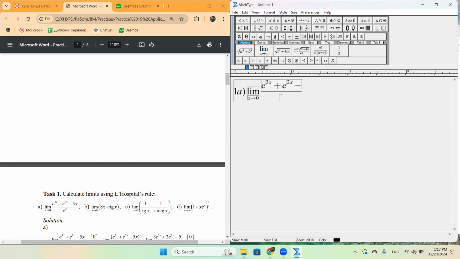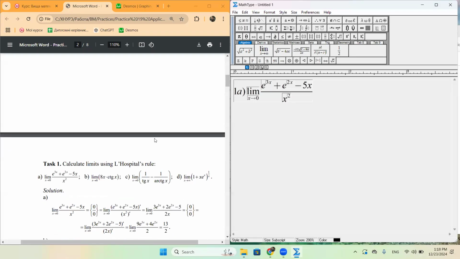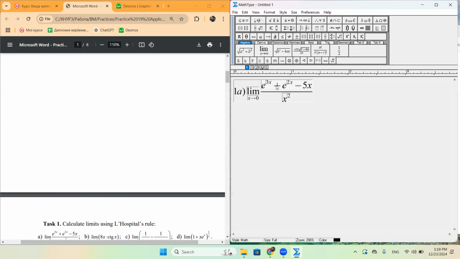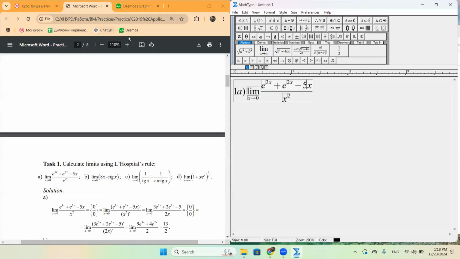The following limit. If I substitute 0, by the way, it must be minus here, and here is a mistake.